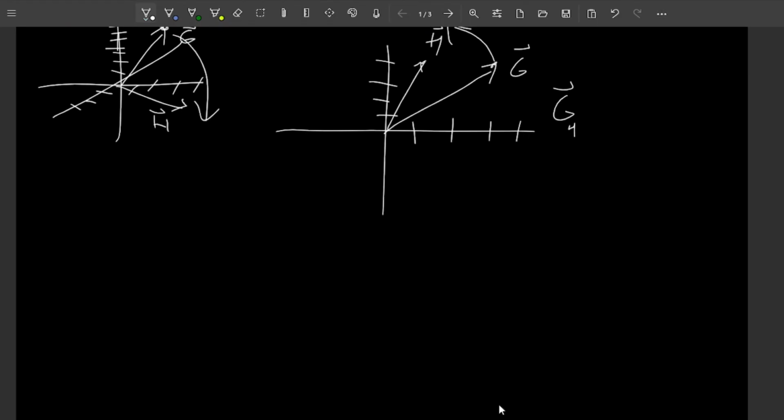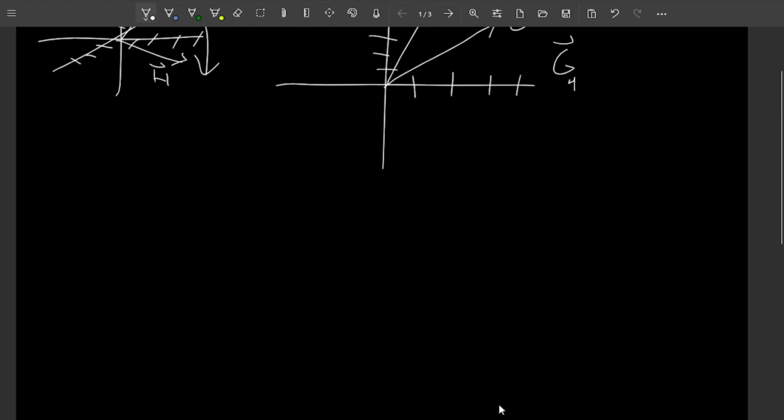We're going to have to model a triangle out of this. We have G and we have H. And if we were to rotate this over, it would be longer than H. So we can extend the direction of H out.